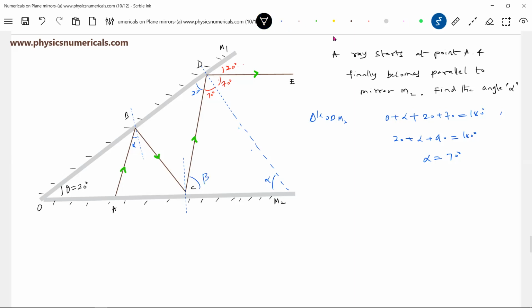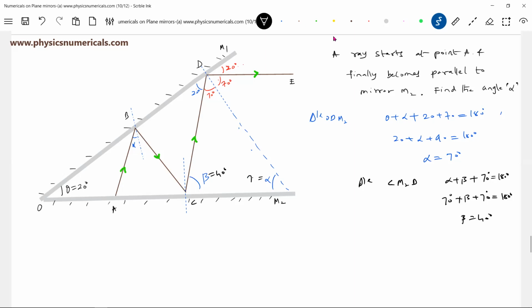Now from the triangle CM2D, alpha plus beta plus 70 should be equal to 180. 70 plus beta plus 70 equals 180. Beta should be 40 degrees.